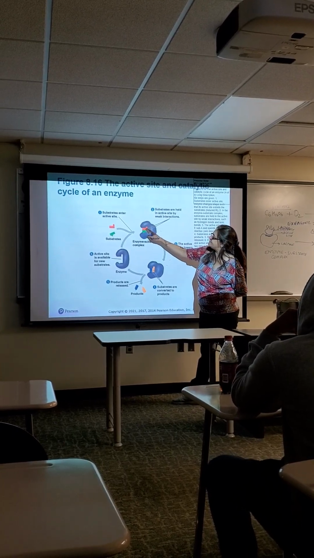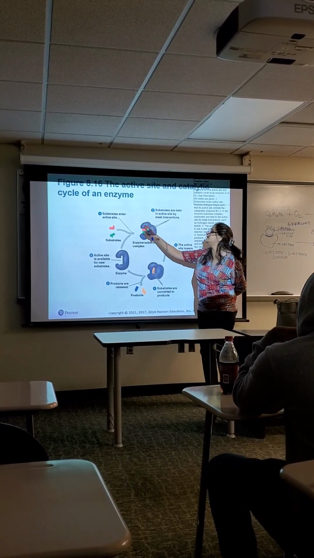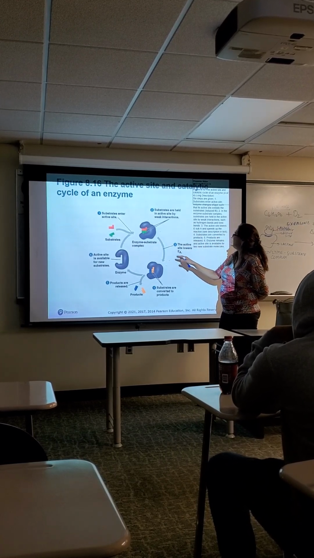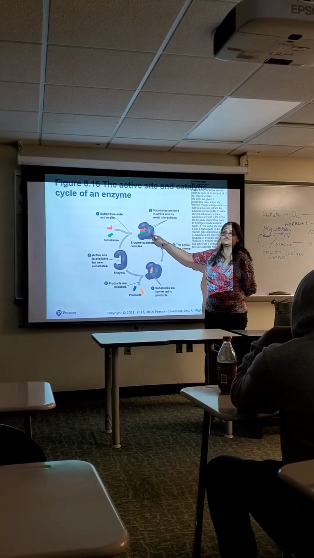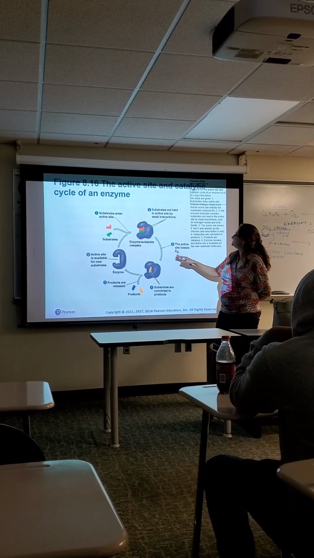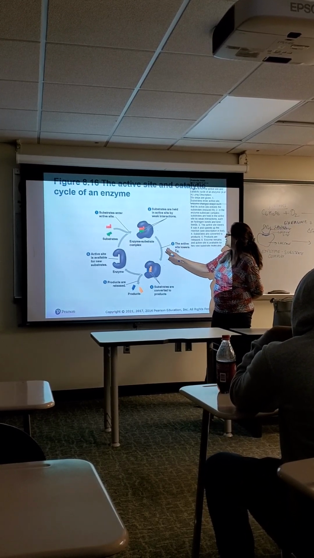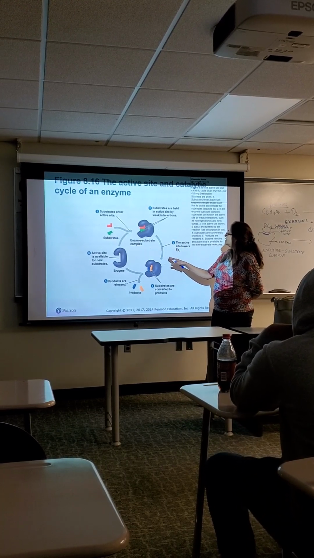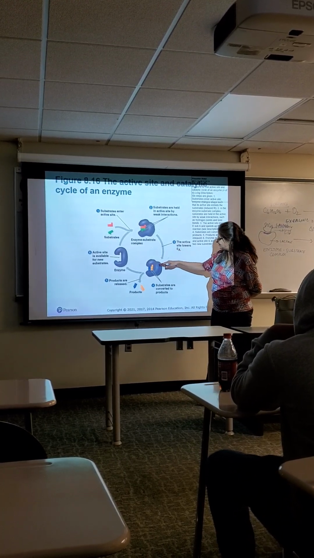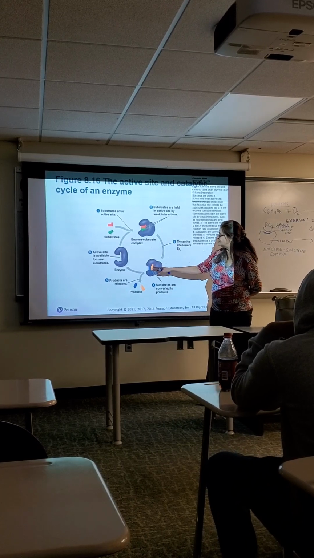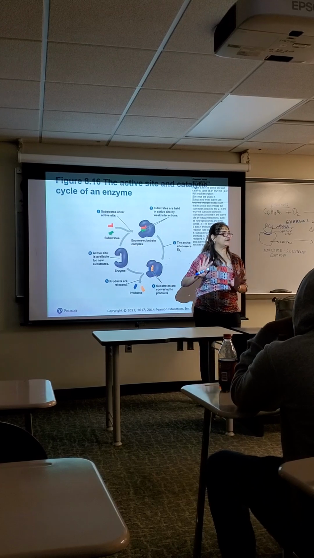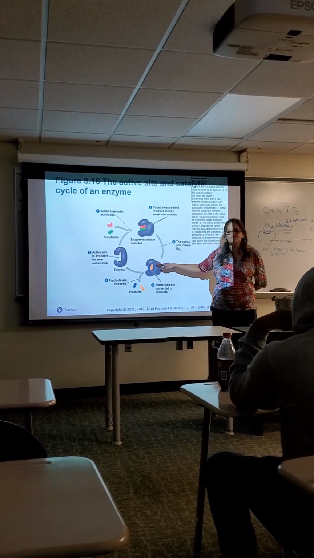So now this has fit very nicely in the enzyme. They have formed the enzyme substrate complex. Now the enzyme will lower the activation energy, and you see the substrates are now converted into products. They were red and green, and now they have become yellow and blue. So they are the products.